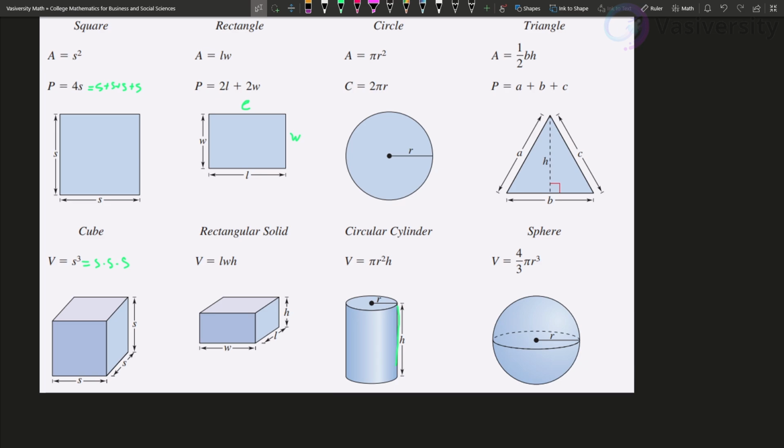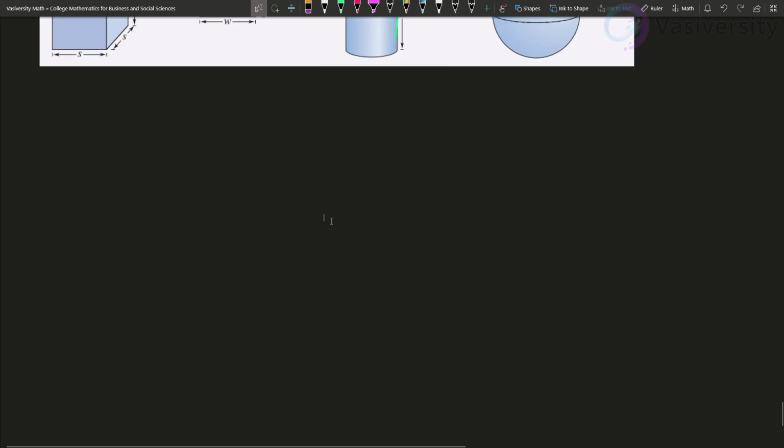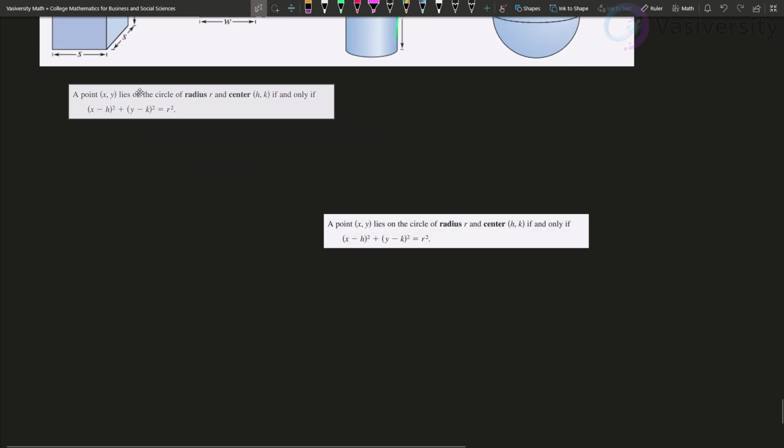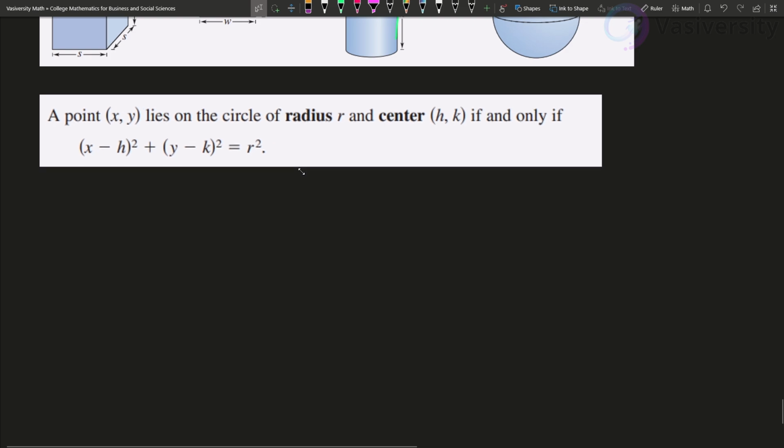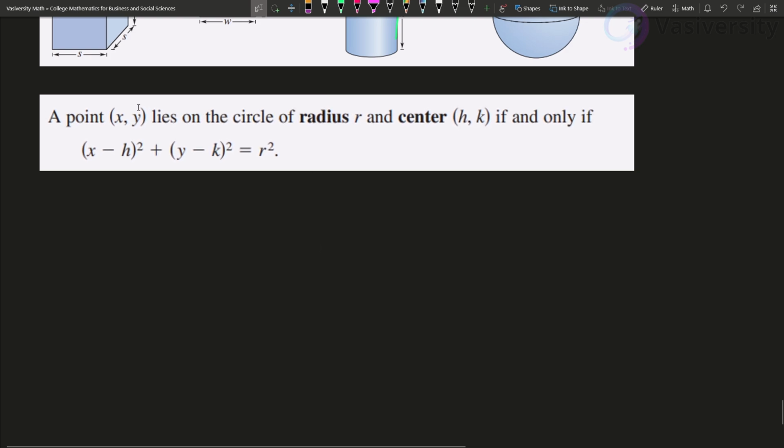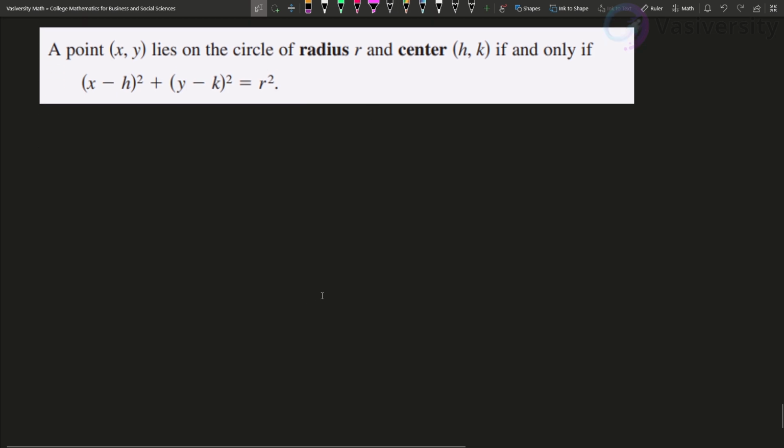So a point, right, lies on a circle of a certain radius, right, and a certain center in the following form, right? So we have a point x comma y, and it's on the circle, right, of a radius r and a center h comma k, if and only if we have the following equation, right? And let's graphically demonstrate that.